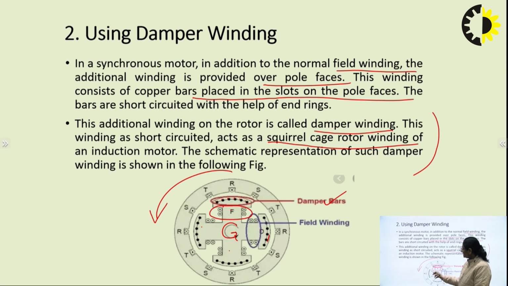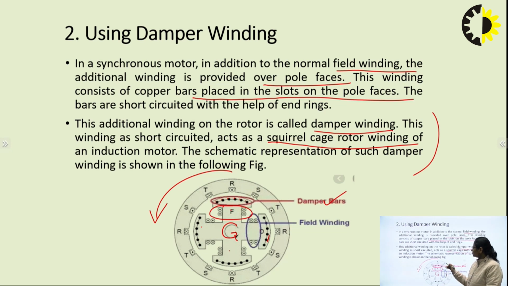When the conditions are favorable, that is, when the unlike poles of stator and rotor are in vicinity, the rotor will pull into magnetic locking, and after that the rotor will start rotating at the speed of the rotating magnetic field, that is synchronous speed Ns = 120f/P. And what happens? Let us see.